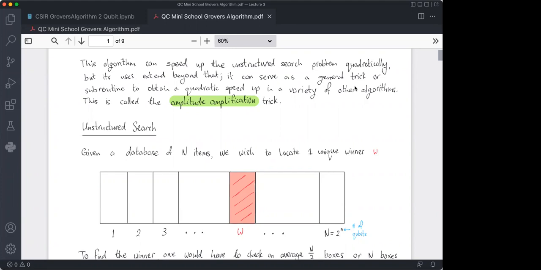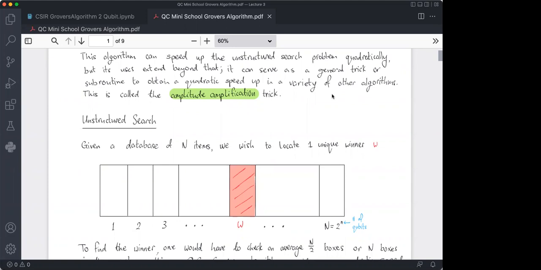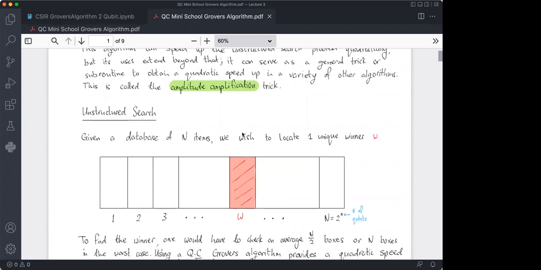For example, in Hamiltonian simulation with the linear combination of unitaries approach, and even simulating by truncated Taylor series, they use the amplitude amplification trick to simulate specific Hamiltonians. You can read more about that if you search on Hamiltonian simulation. But that's just an example of where we use this trick in other algorithms. Today we're just looking at Grover's algorithm.